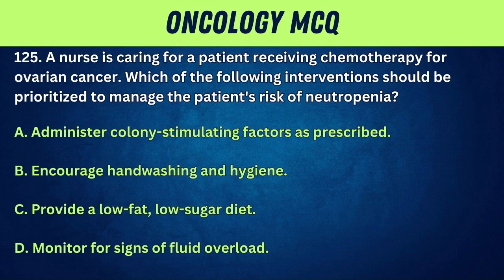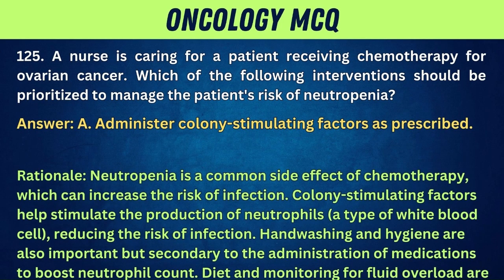125. A nurse is caring for a patient receiving chemotherapy for ovarian cancer. Which of the following interventions should be prioritized to manage the patient's risk of neutropenia? A. Administer colony-stimulating factors as prescribed. B. Encourage hand-washing and hygiene. C. Provide a low-fat, low-sugar diet. D. Monitor for signs of fluid overload. Answer: A. Administer colony-stimulating factors as prescribed.